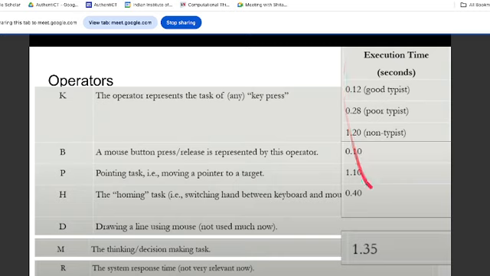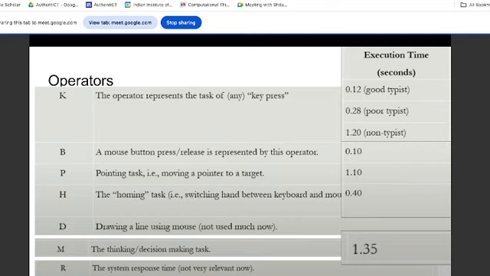So these are the times that we know a user takes. Out of these, for a non-typist, key press is a time-consuming task. For a regular person, moving a pointer to a target takes a longer time. Or thinking, making a decision whether I want to save, or move a file, or copy a file, which one to click, when to press a key.